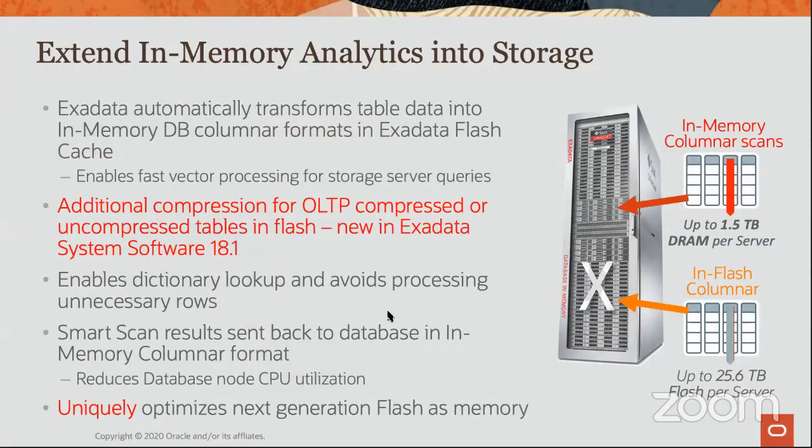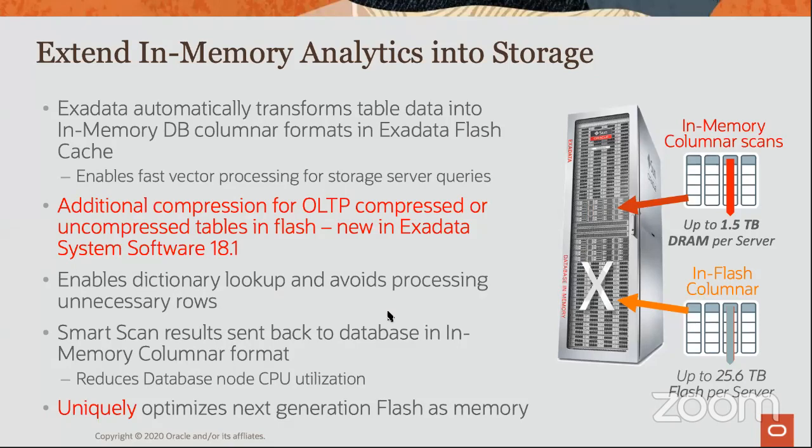In addition to that, on Exadata platforms, so folks that are running Exadata, you can make use of Flash with Database In-Memory columnar formats. So that gives you now 2 tiers of storage, if you will: memory storage, which we've been talking about, DRAM in the SGA, and then on Flash.